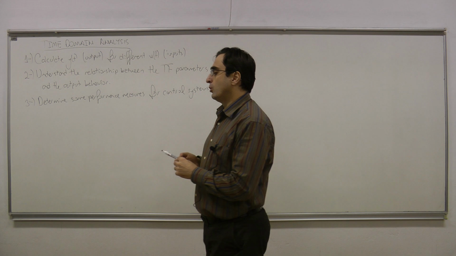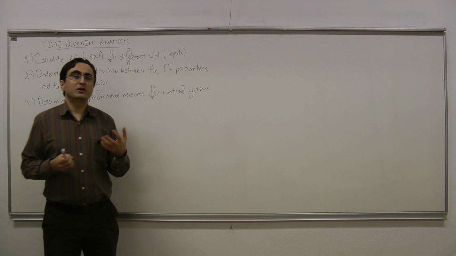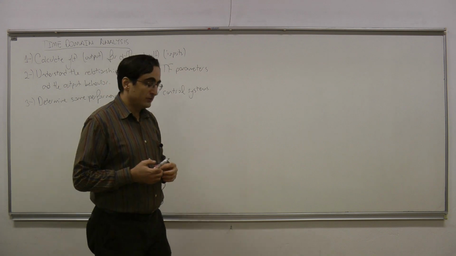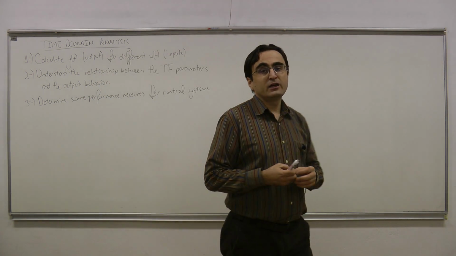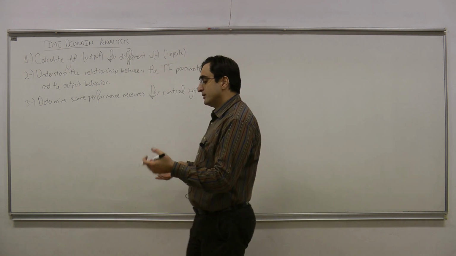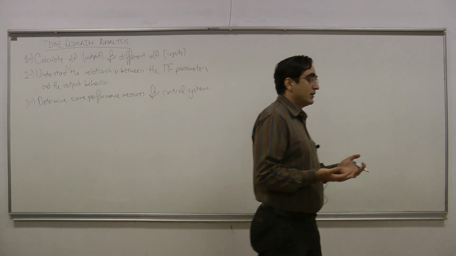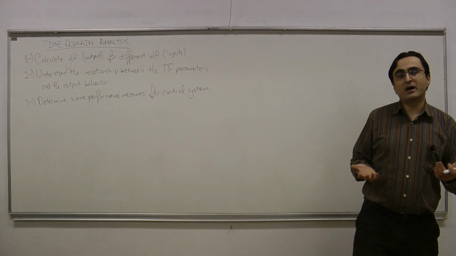This is going to be called the settling time of a control system, and it's going to be a performance measure that we would be using in assessing the performance of control systems. So if the settling time is small, it is going to be good for us. If the settling time is large, then it's going to be bad for us.